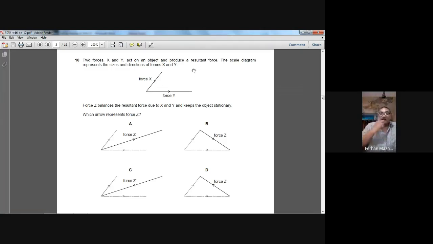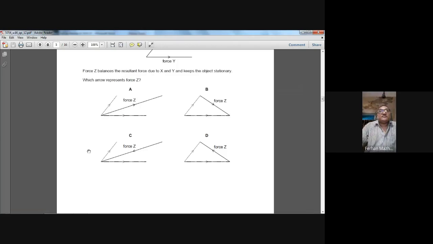But his question is not about the resultant. His question is about another force Z, which will balance this resultant force. A force which will be able to balance this resultant force will have the same magnitude, but its arrow will be in the opposite direction. So C is the choice. It's a little tricky question. It is trying to confuse you.